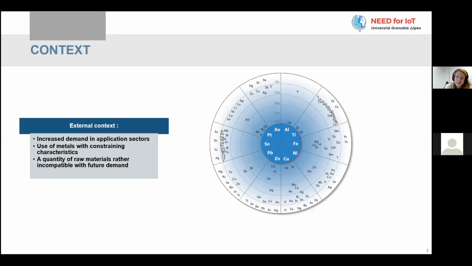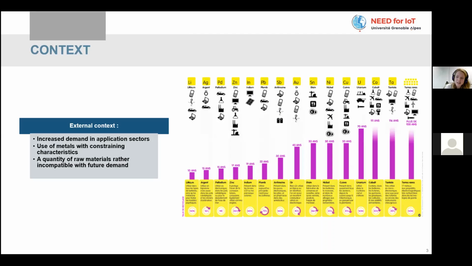We have metals that are mined with other host metals, so they depend on the host metals. And the third parameter is that the quantity of raw materials used now and needed for the future is not compatible with our needs.